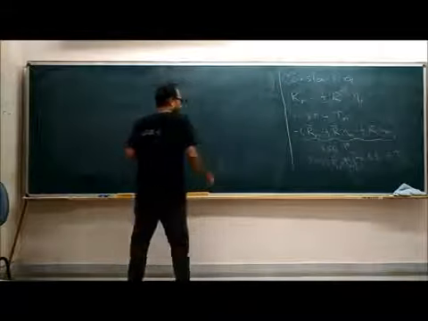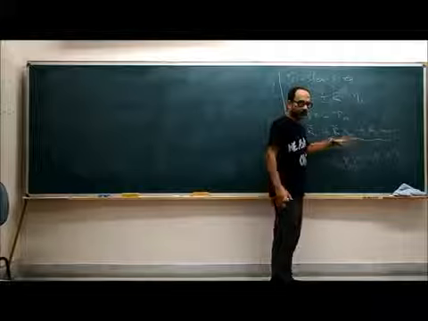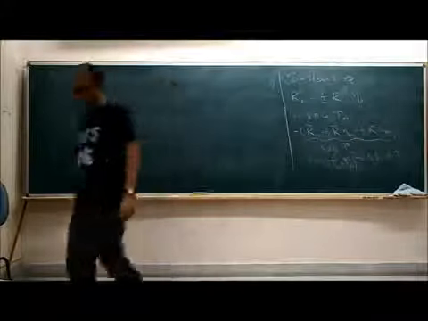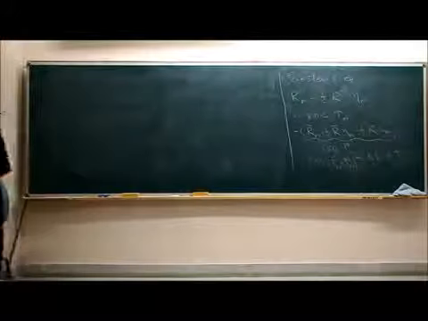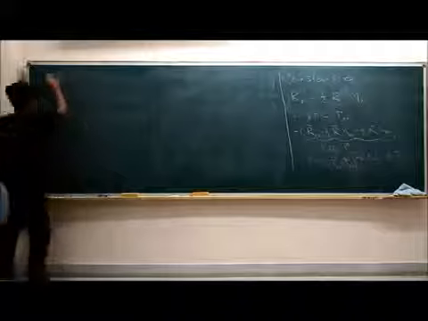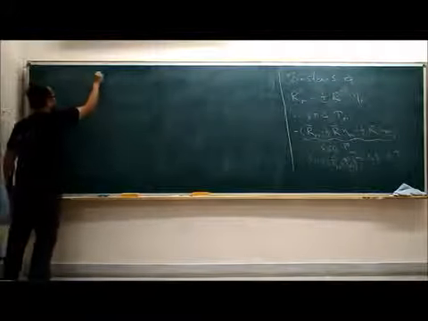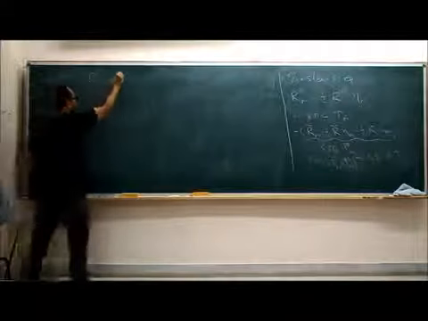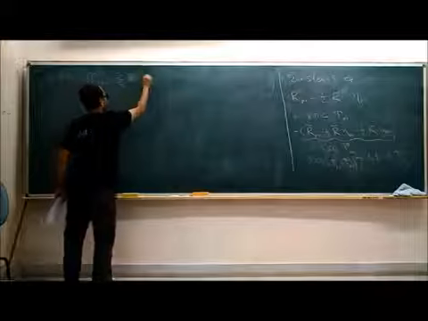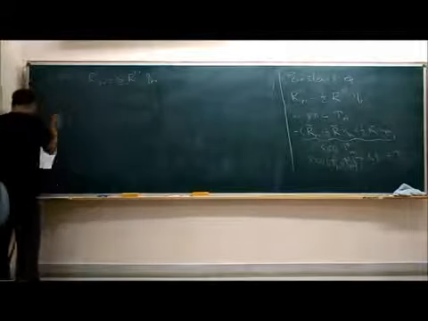Now let me give a justification of why we call this the energy density of the gravitational field. For that we have to look at the left hand side. So the left hand side is R1 mu nu minus half R1 eta mu nu. So this now I am going to expand out.